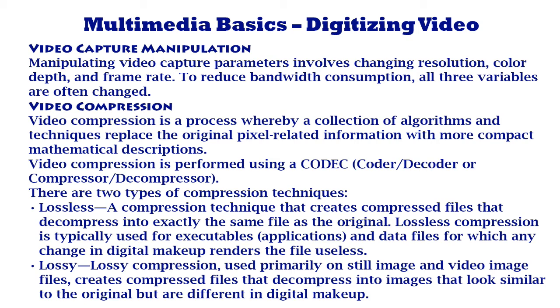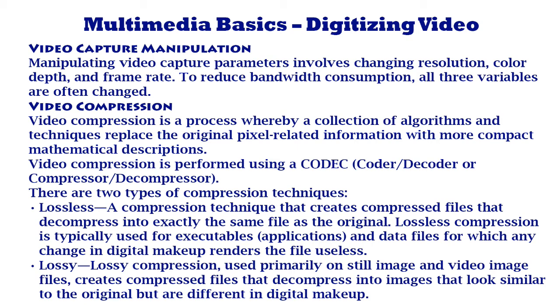This loss allows lossy compression to deliver from 2:1 to 300:1 compression ratio. Lossy compression cannot be used on files such as executables that, when decompressed, must match the original file.